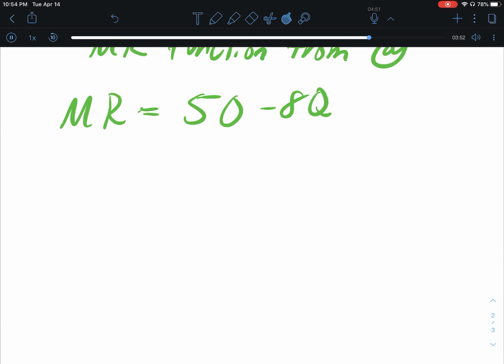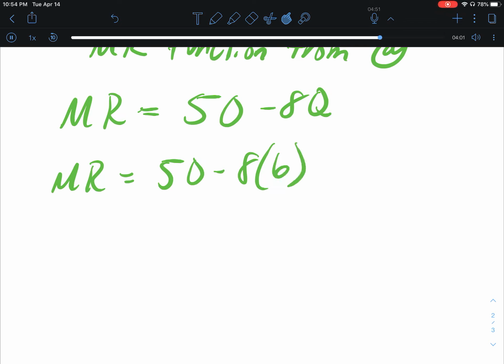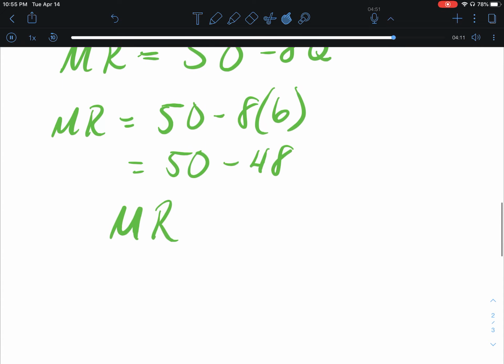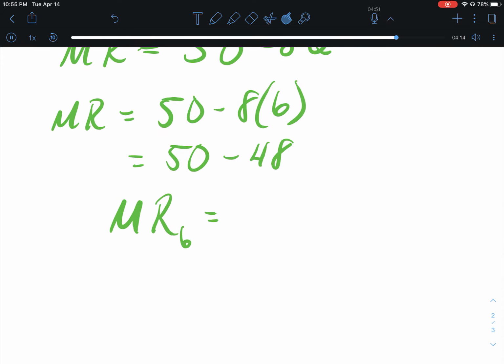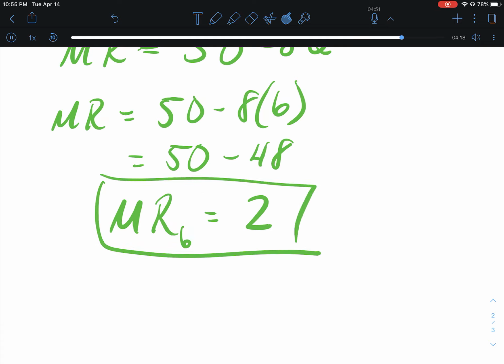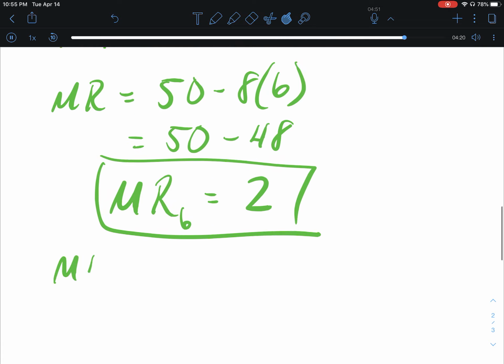So when they produce 6 units, it's 50 minus 8 times 6, which equals 50 minus 48. So marginal revenue for 6 units is equal to 2. Do the same thing for 7.